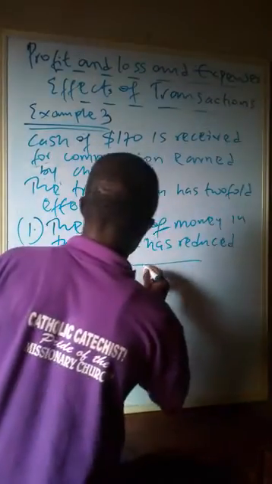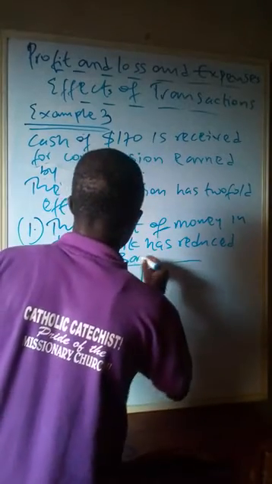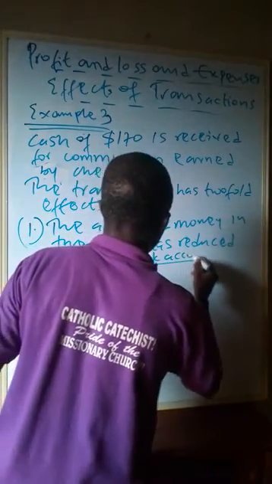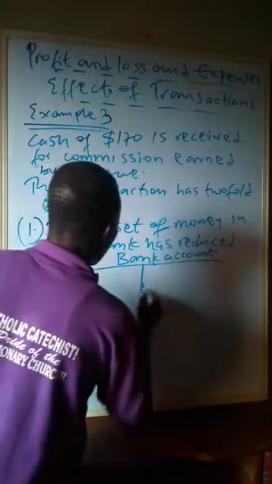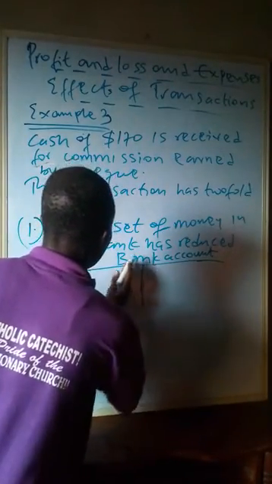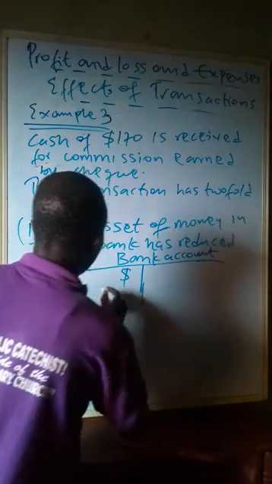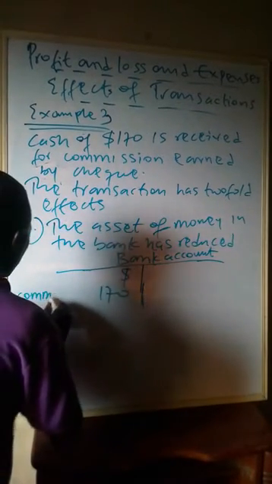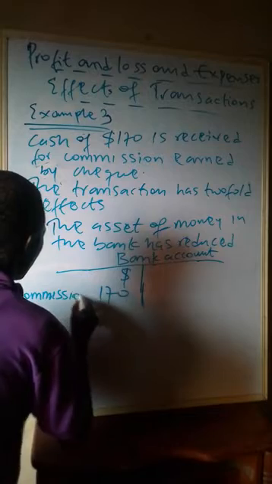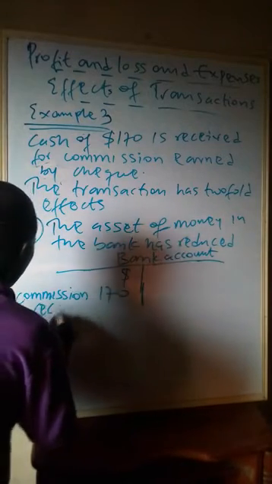You debit the bank account for $170, and that is the commission received account.